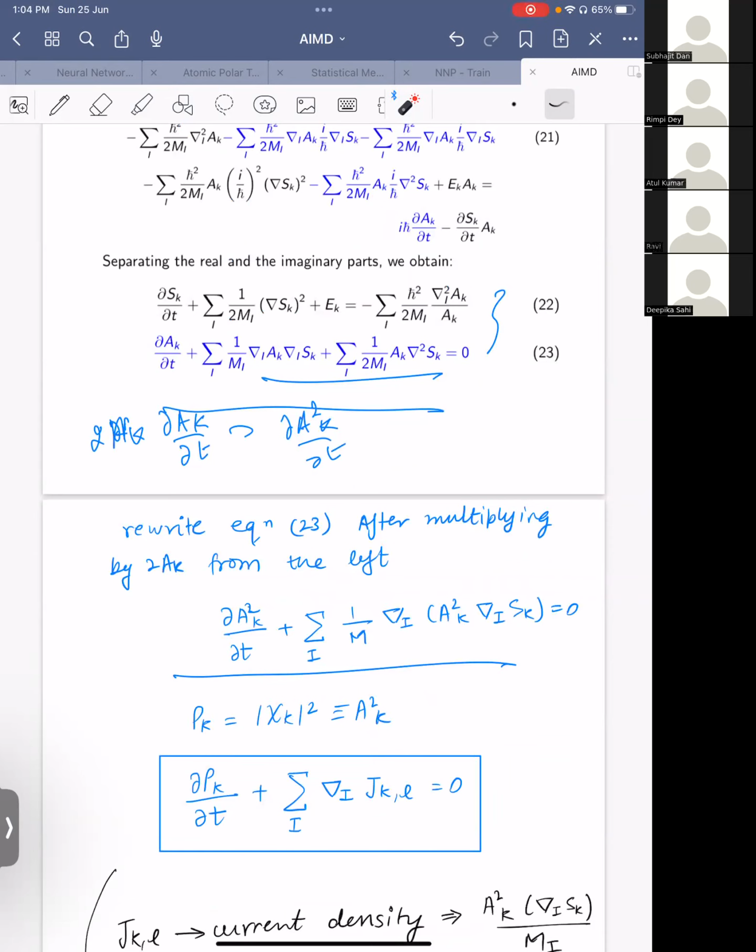This kind of dependency will hold. Will the probability amplitude A be related to the phase factor? No, the probability amplitude is directly, functionally independent of the phase factor. But they can be transformed; they are related through equation 23.